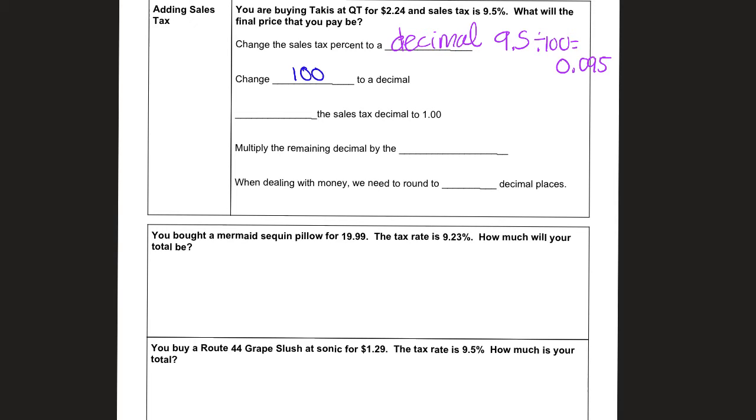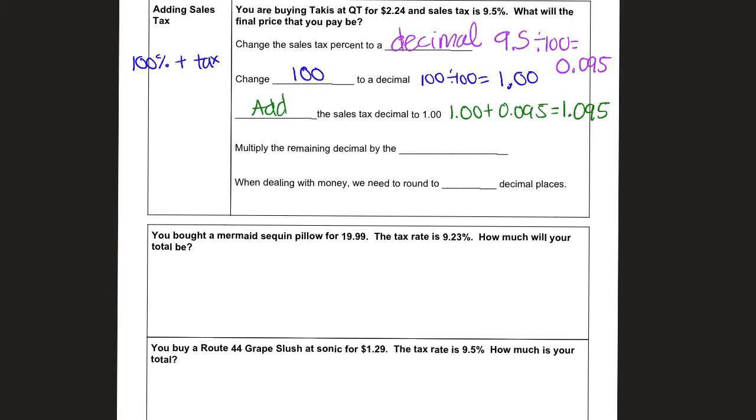We're going to change 100% because 100% of the cost plus the tax. So 100 divided by 100 is 1. Okay, tax is an additional amount, so we are going to add those together. Is 1.095.